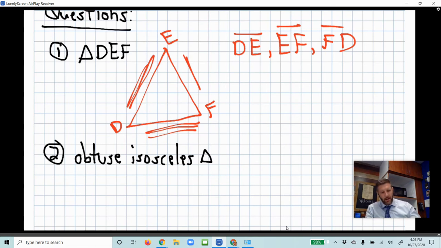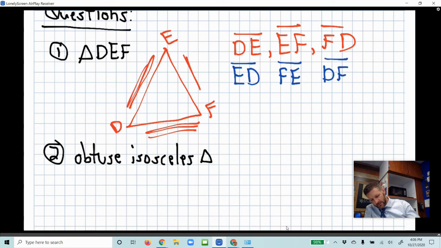Just to make the point, the order doesn't matter. So DE is the same as ED, EF is the same as FE, and FD is the same as DF. Those are all talking about the same sides. When we say vertex, we are talking about the corners.